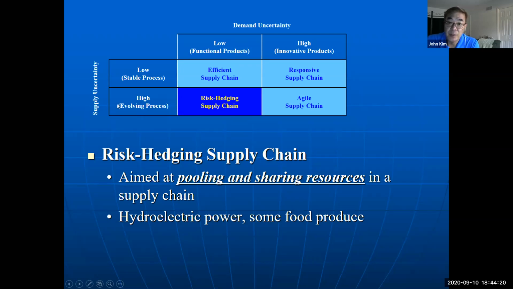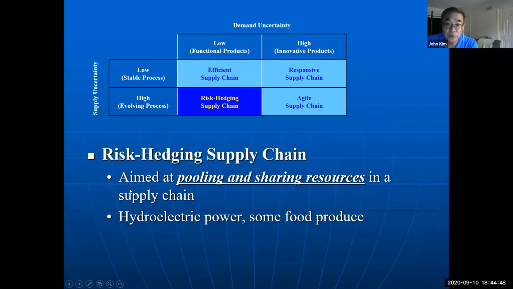So if weather is okay, then supply, like the amount of water, is okay, but drought, then problem like that. So in this dimension, supply side uncertainty is high, but demand is always there, such as hydroelectric power and so on.